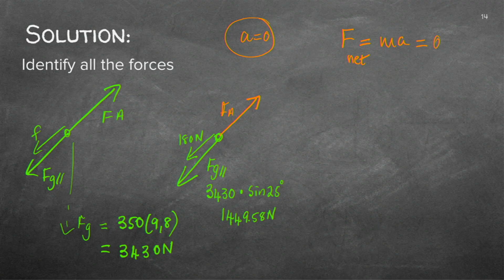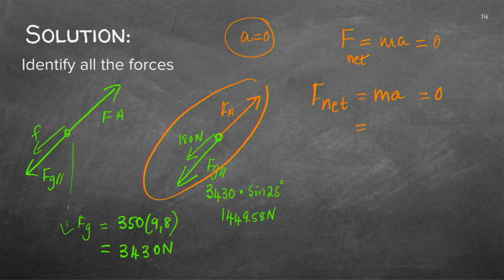So let's calculate the F net. F net is m a, which we now know is 0, but it's also the net force of these components. So it's the applied force minus the parallel component minus the friction.